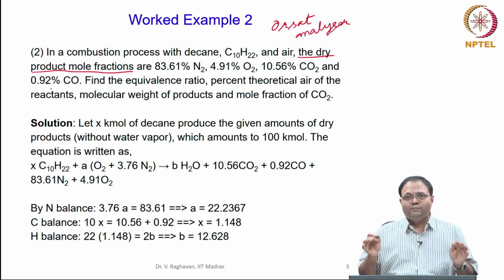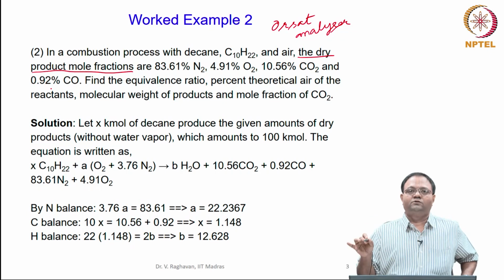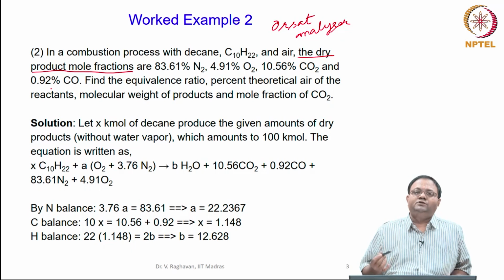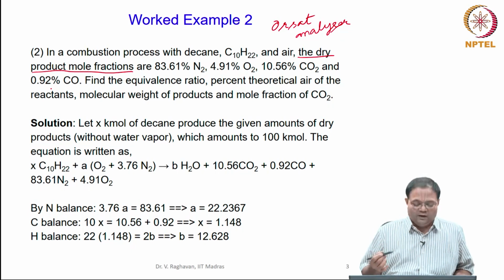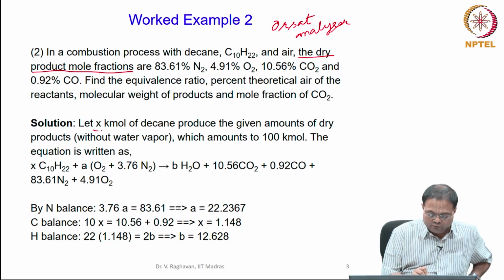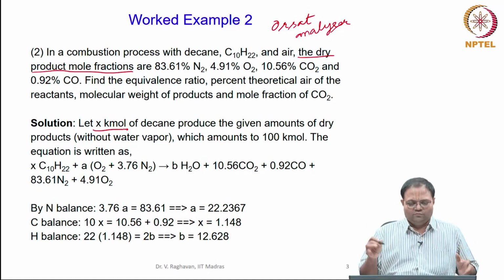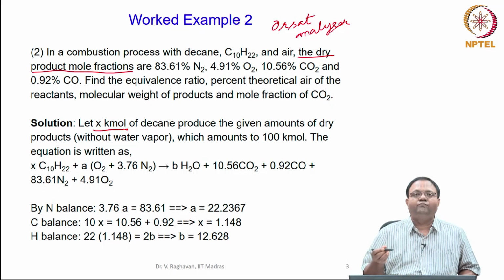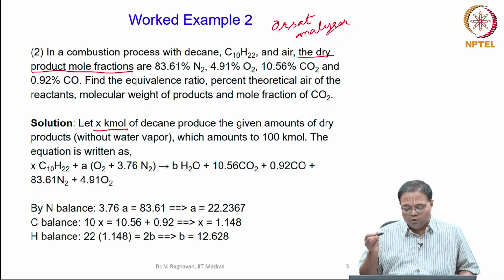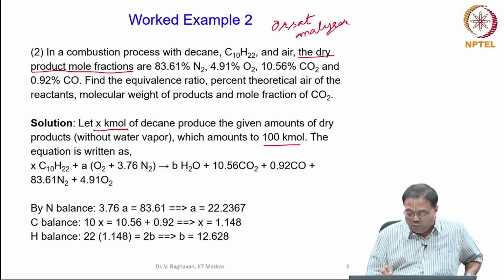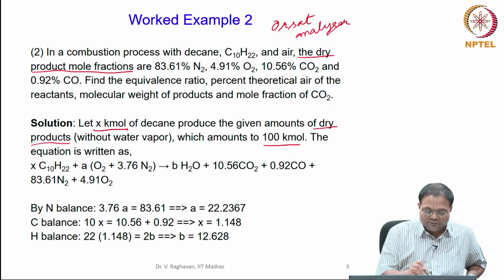To obtain this many kilomoles of dry products, excluding the water which is formed, how much fuel do I have to burn? Let us assume that I burn x kilomoles of fuel. You can also assume some kilograms. So here I am assuming x kilomoles of decane is burnt to produce 100 kilomoles of dry products as given in the problem.